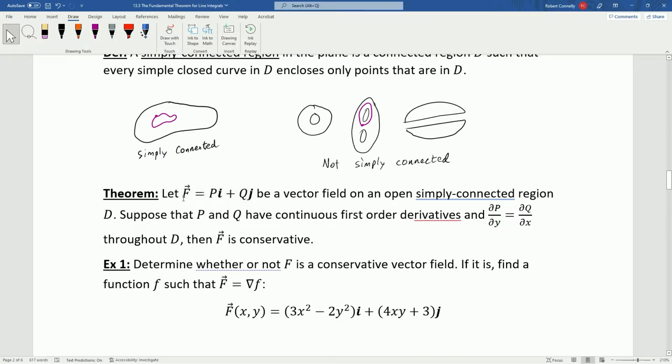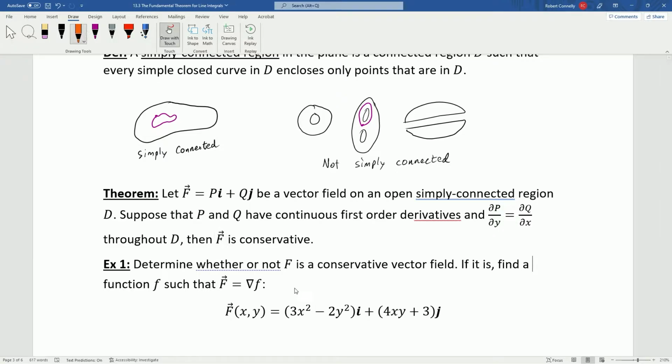So F is our vector field on an open, simply connected region D. Suppose that P and Q have continuous first-order derivatives and dP/dy equals dQ/dx. So in other words, the derivative of P with respect to y equals the derivative of Q with respect to x throughout D. Then F is conservative.